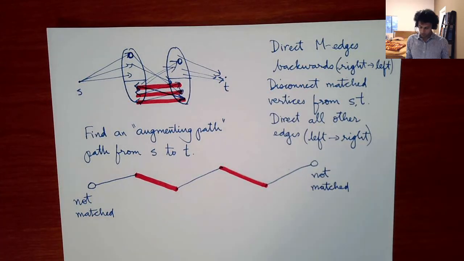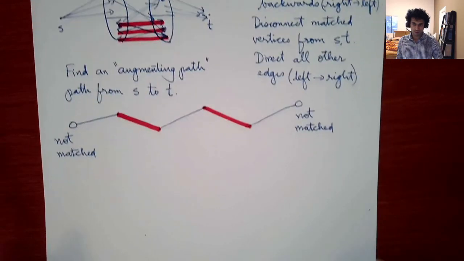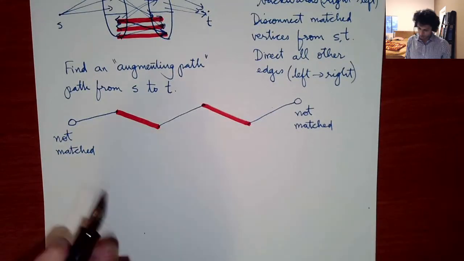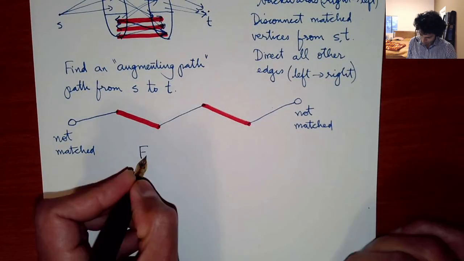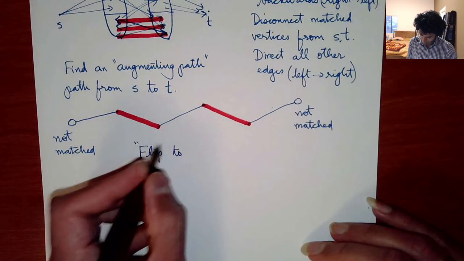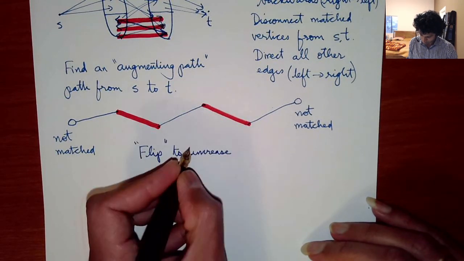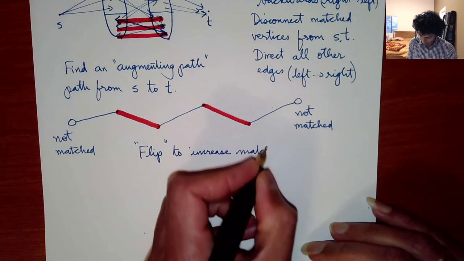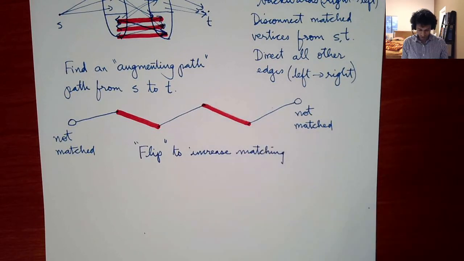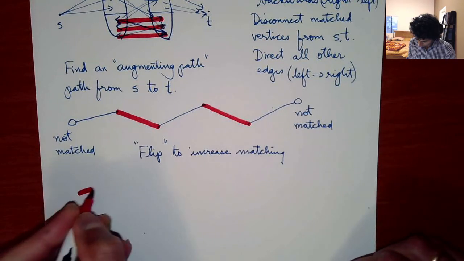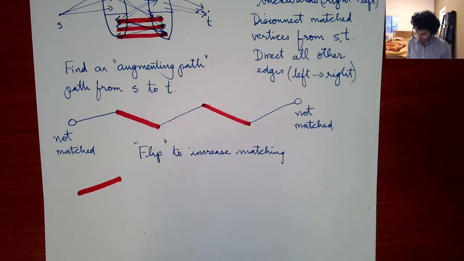So once you have such a path, you can flip to increase the matching. What is the flip going to do? It's going to basically switch the matching edges to these.